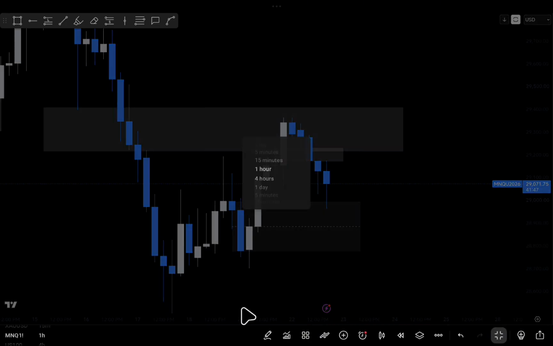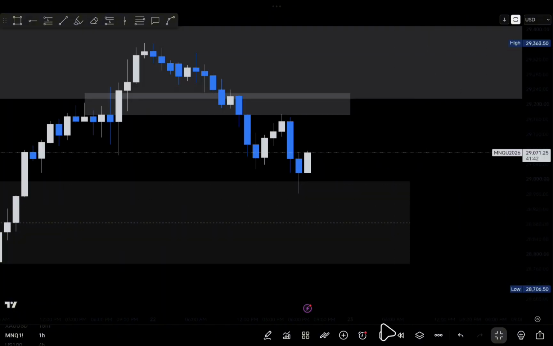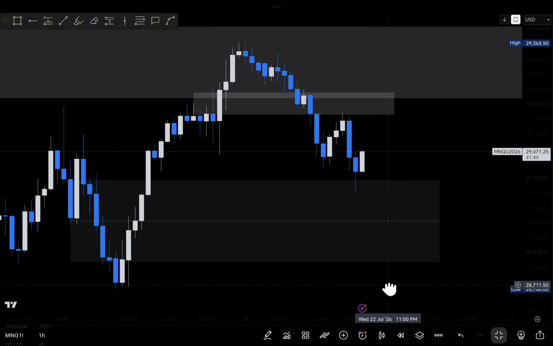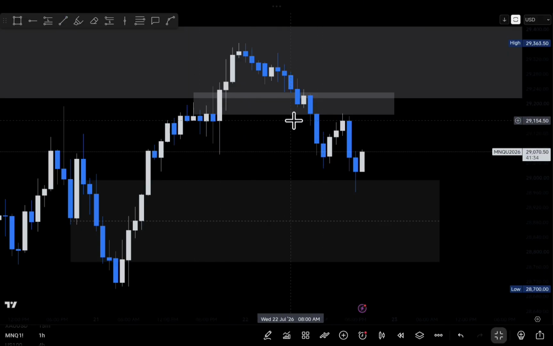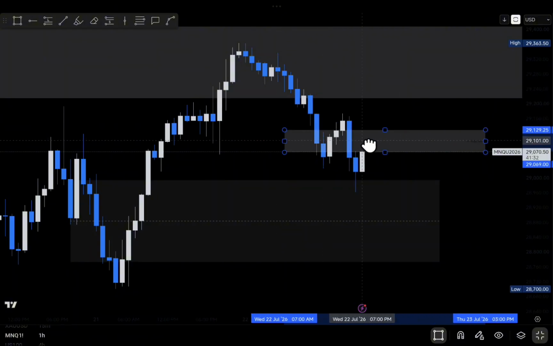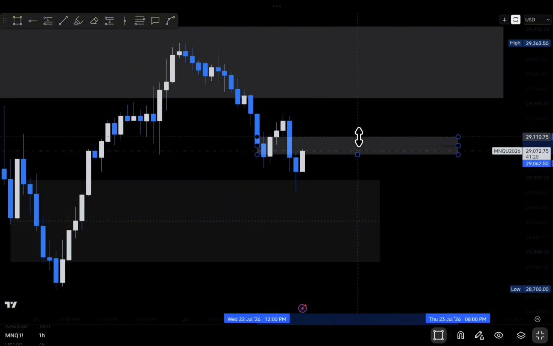Now if I take a look at the H1, first of all, the overall direction for today is going to be bearish. We do have this order block which is very much likely to react from today. I mean, it seems very clear to me.